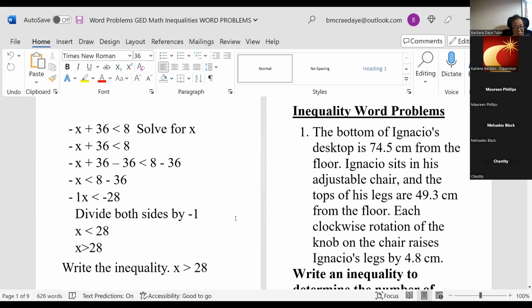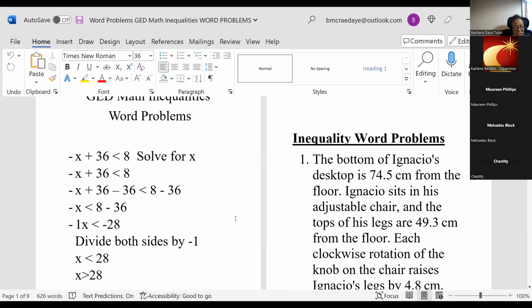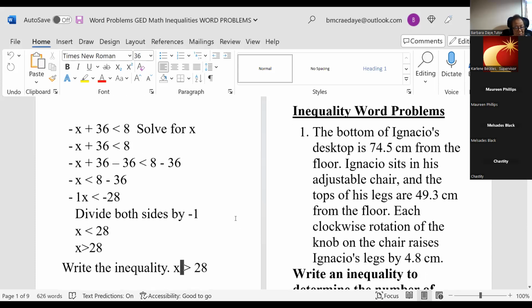Any questions on this single step inequality? That's a rule: divide or multiply by a negative reverses the inequality sign.